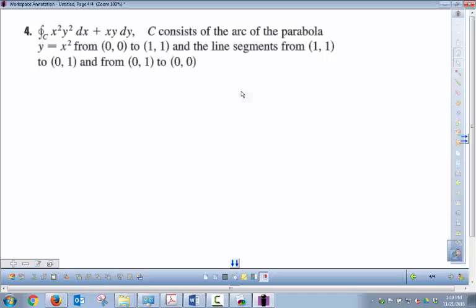Yeah. So if C happens to be a negatively oriented curve, which means it goes clockwise, then it would just be the negative. So that's the difference between a positively oriented and negatively oriented curve.